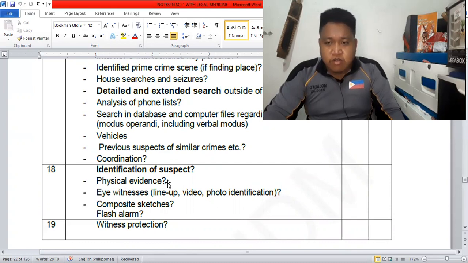The term person of interest is a modern term used to describe a person that may have a connection to the crime committed or that may have knowledge regarding the crime committed, no? So either a person of interest, pwedeng maging witness yan, or pwedeng maging suspect, no?